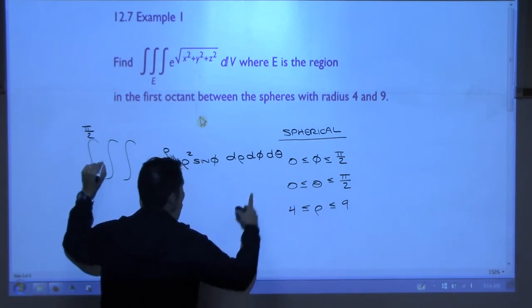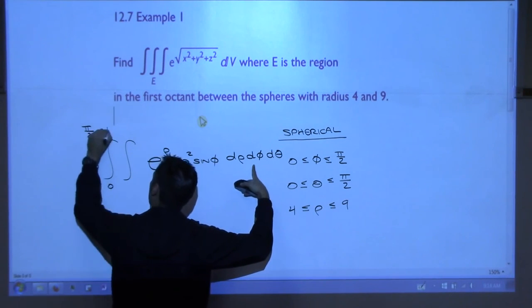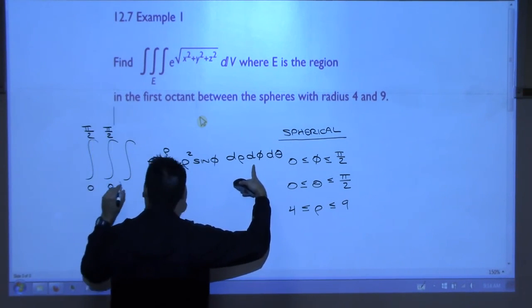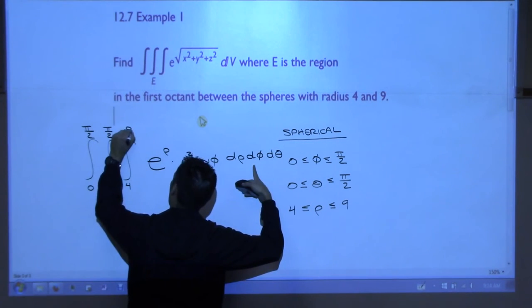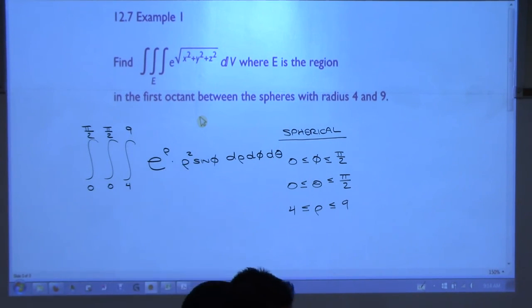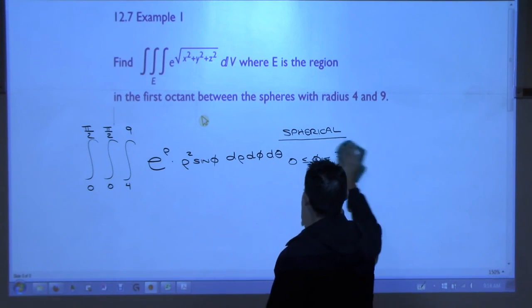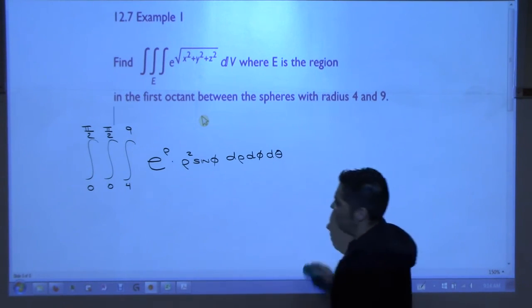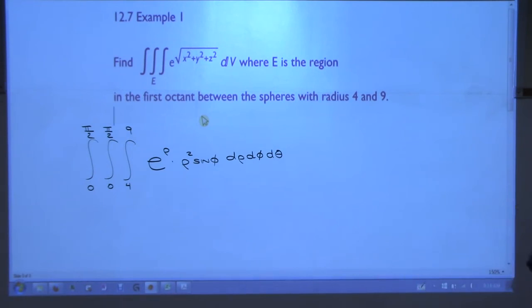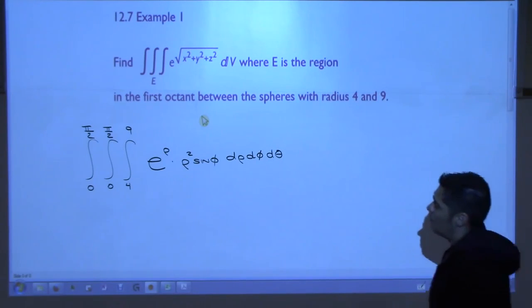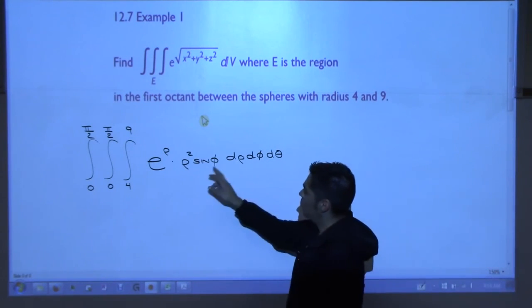It's my restriction on theta. Phi, 0 to pi over 2 again. And then rho goes from 4 to 9. And that's the integral that I need to do. All right, so if I was going to do this, I'd first integrate with respect to rho.